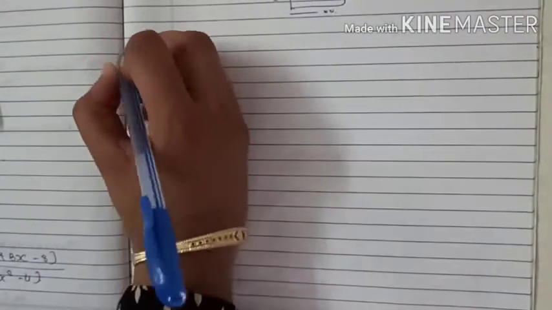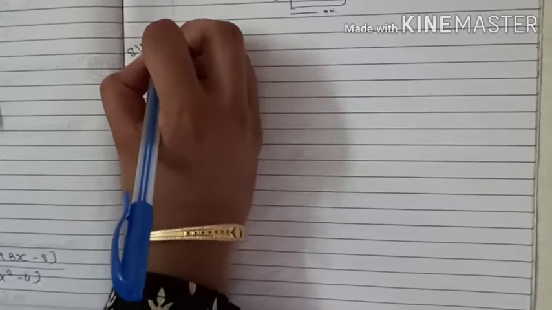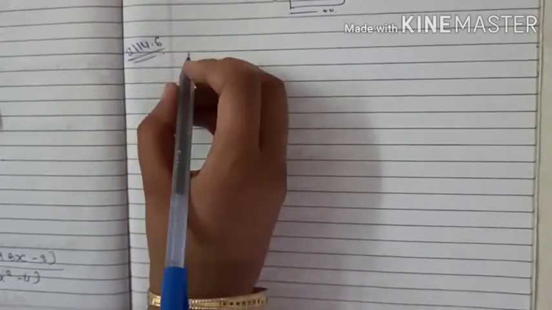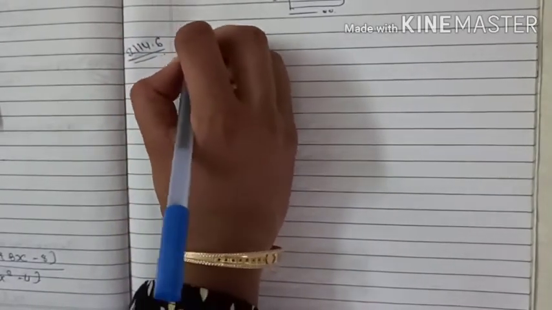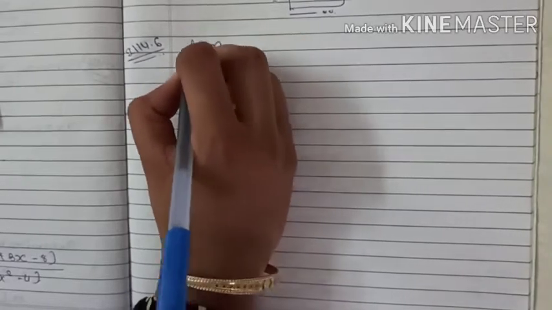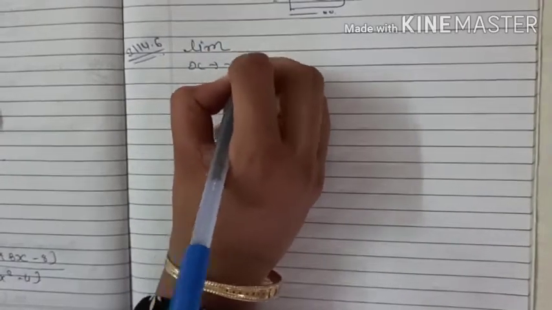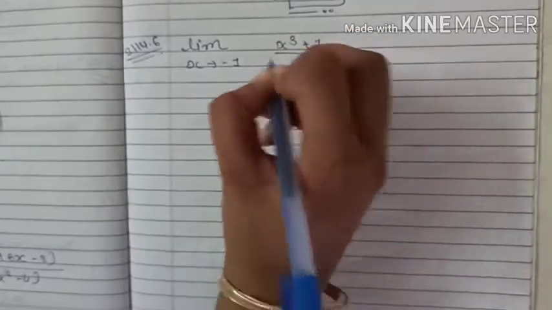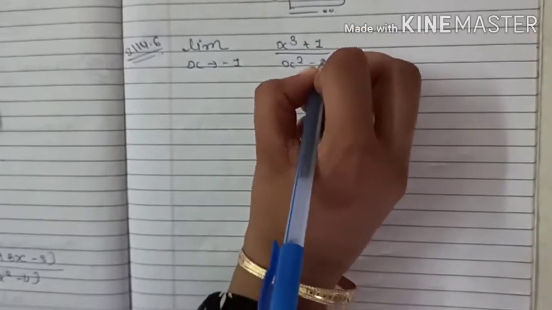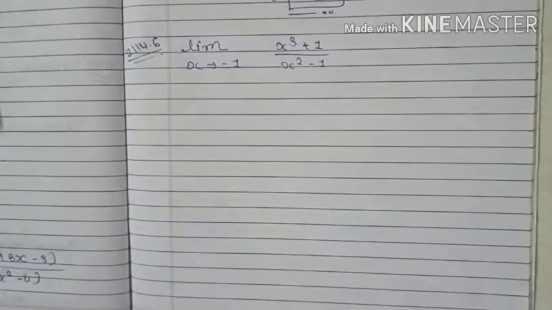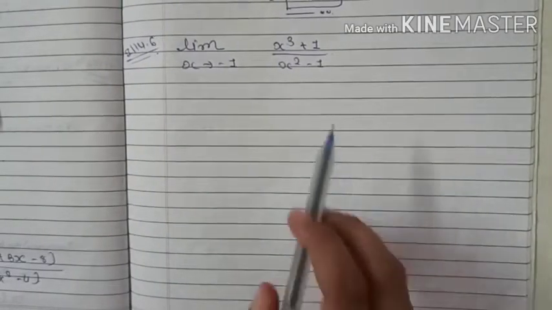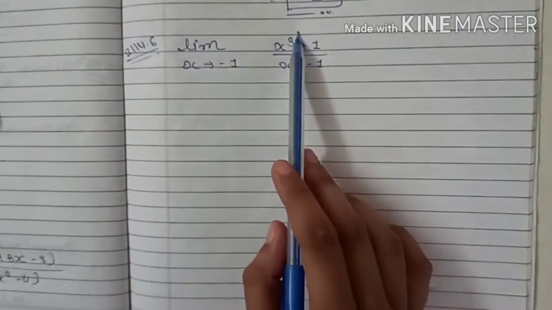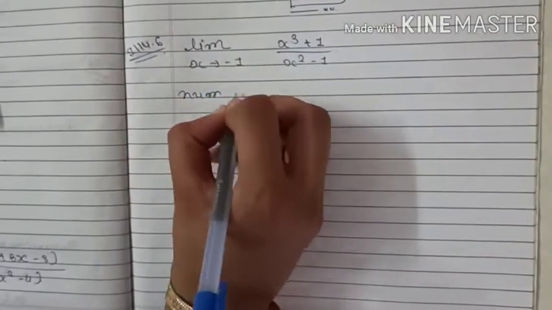Now let's solve the illustration number 6. Limit x tends to minus 1, x cube plus 1 upon x square minus 1. Now we have to factorize x cube plus 1. So let's factorize the numerator.